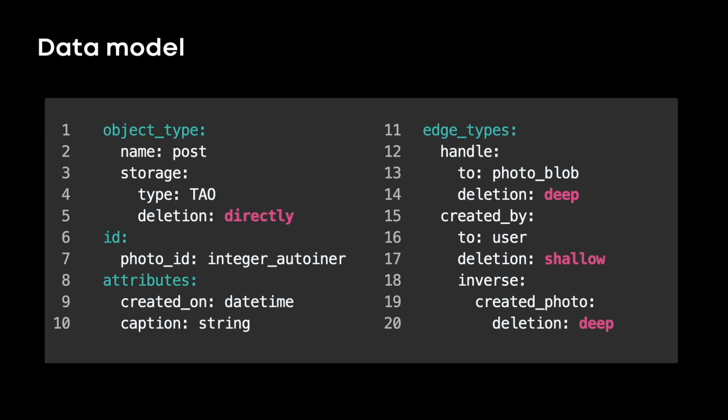As you can see in this slide, we have an edge between the post and the photo attached to the post. We have the deletion field defined with the edges, which can be deep or shallow. When we have a shallow edge between the post and the user, when the post is deleted, the user is not deleted. Now, when we have a deep edge from the user to the post, the user is deleted and the post is also deleted.